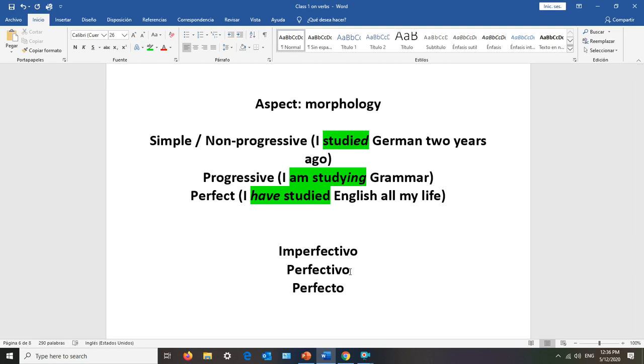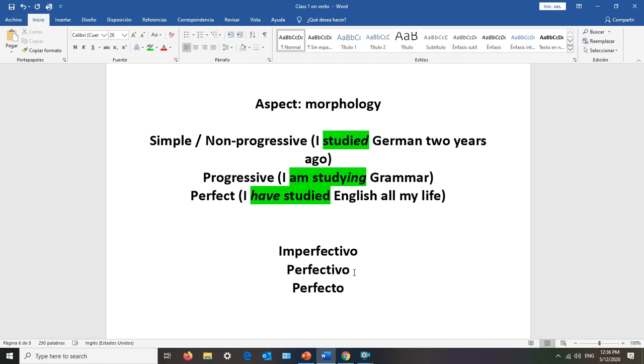Now, imperfective aspect focuses on the development of the situation and makes no reference to the situation's beginning or the situation's end. So imperfective aspect is evidenced by means of forms such as presente and pretérito imperfecto.